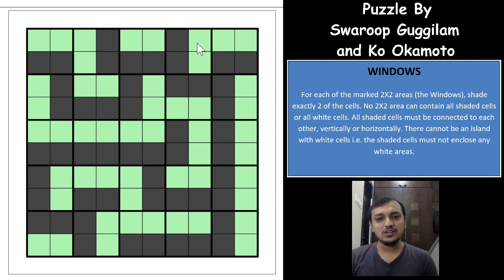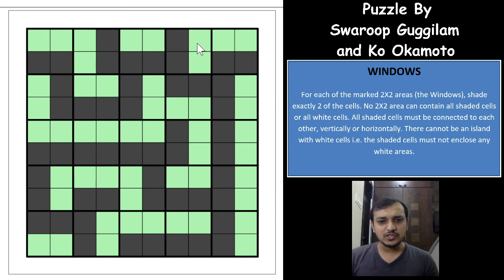So as you can see, there are some basic notations that you will have to use in Windows puzzle. The first thing is that when you have a shaded cell or a white cell given in a 2 into 2 region, then the opposite diagonal cell will have to be the opposite of the one that is given, right? The second thing is that you cannot form a checkerboard pattern. That is the most important in Windows puzzle, so do not forget that.